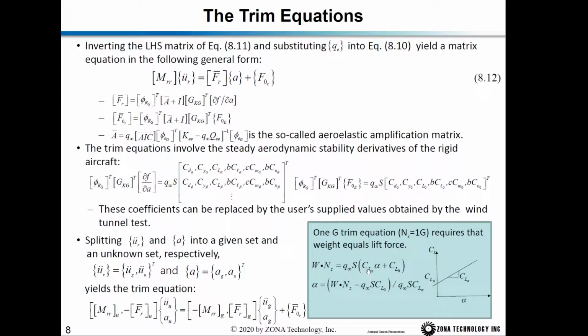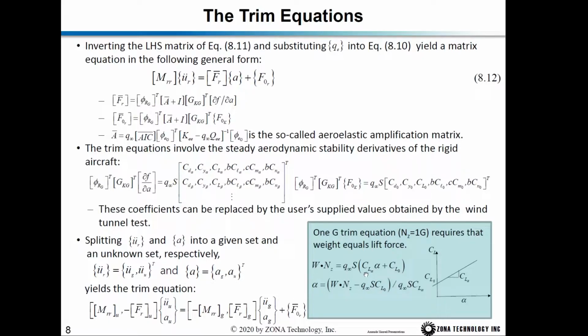The total lift is CL alpha times alpha plus CL naught. If this is the CL versus alpha diagram, this point here is called CL naught, and the slope of this CL versus alpha line is the CL alpha. So we can solve for alpha.